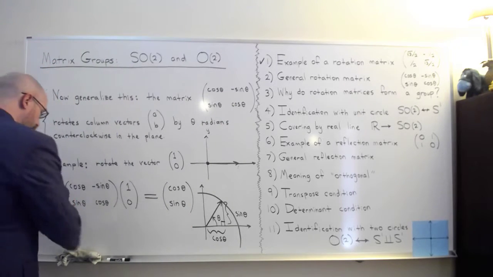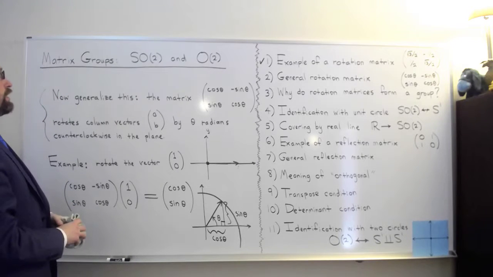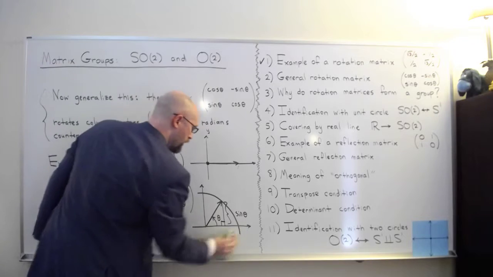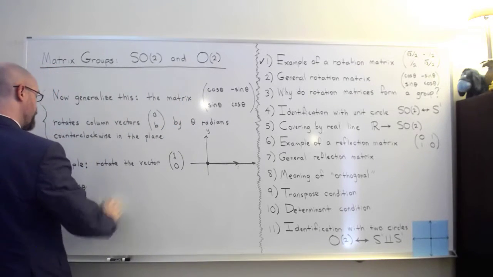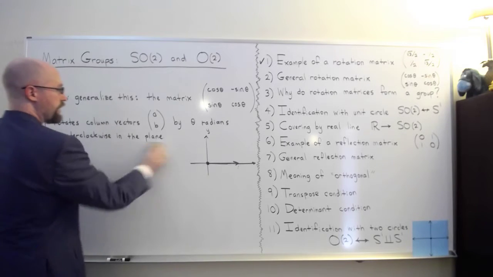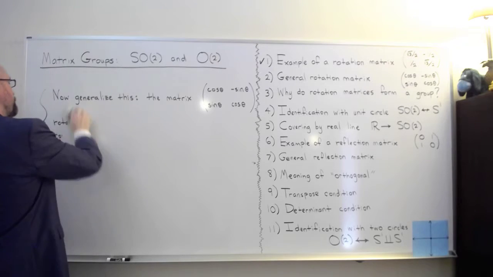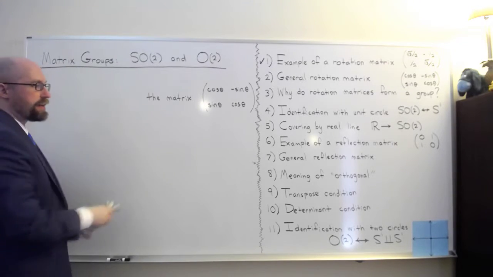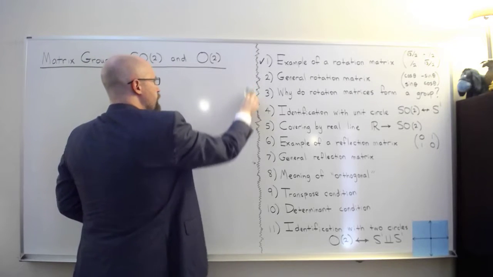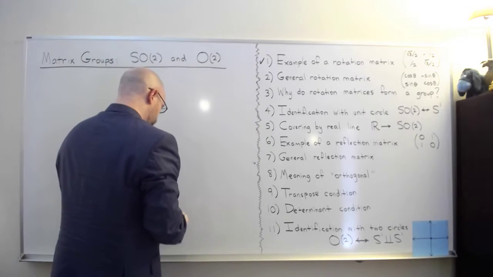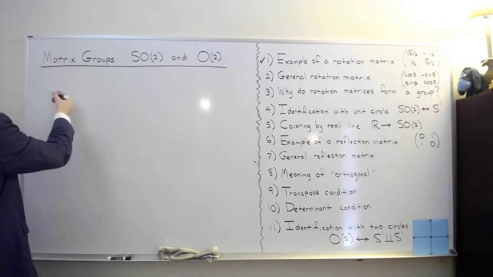Now, I think I will do one more example of this with numbers. The reason for doing this is that we're coming from the other direction. Before, I gave you a matrix with numbers, and then I showed you after the fact how it could be seen in terms of sines and cosines. Here I'm going to give you the angle first, and then we're going to think about the sines and cosines of that angle, and we'll get the numbers out of it.